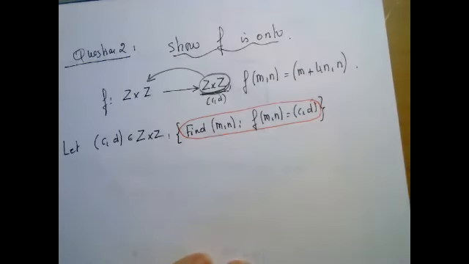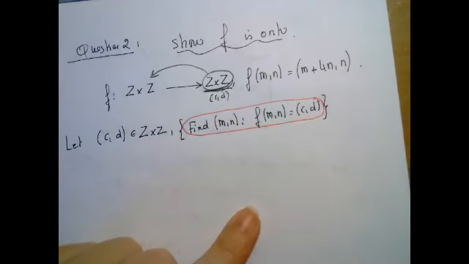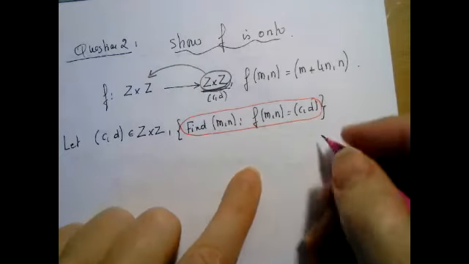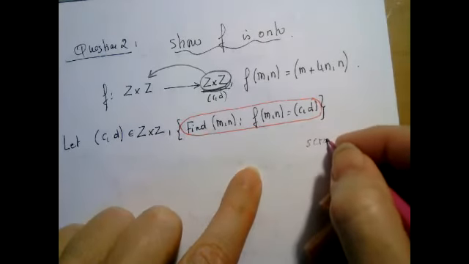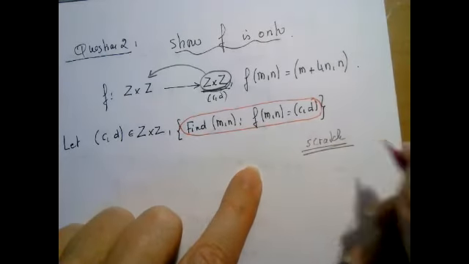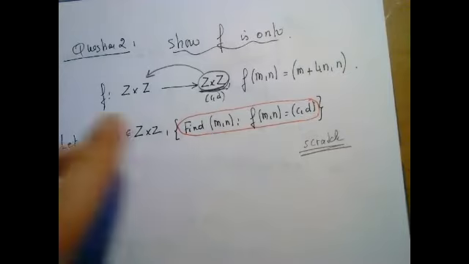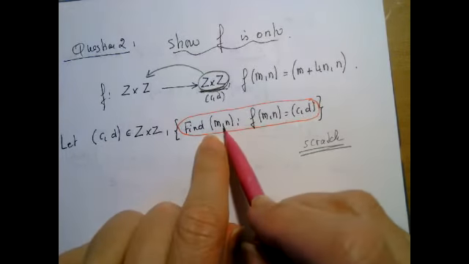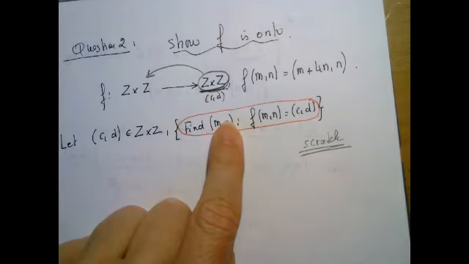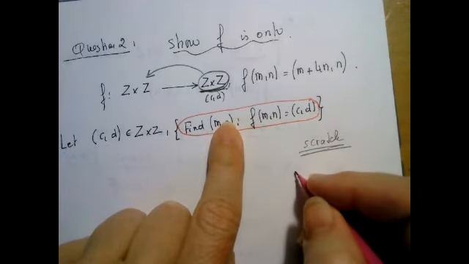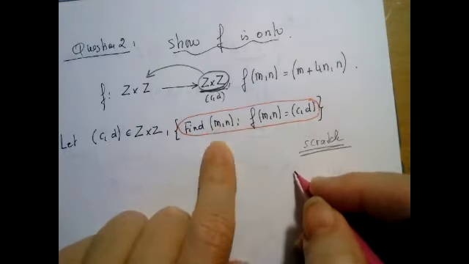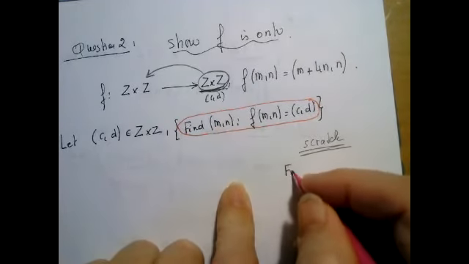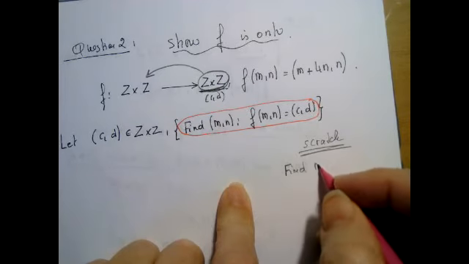Whenever I'm working with onto, I actually like to move to the side and scratch, so I can understand, and then I copy what I realize. What do I mean by that? I want (m, n) such that f of (m, n) equals (c, d). So I need to find (m, n).